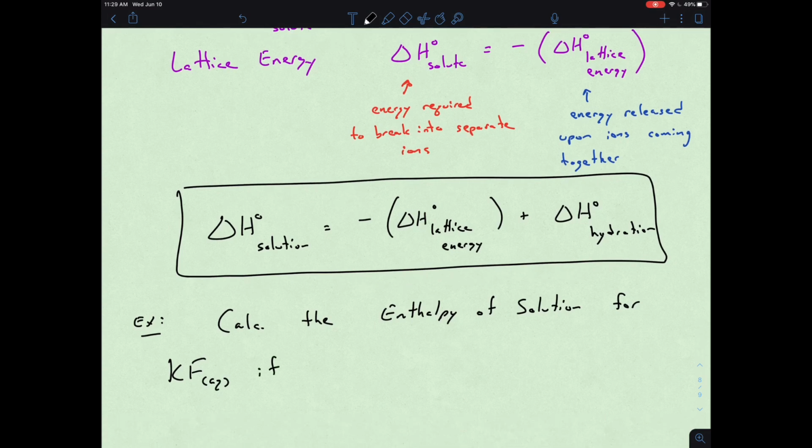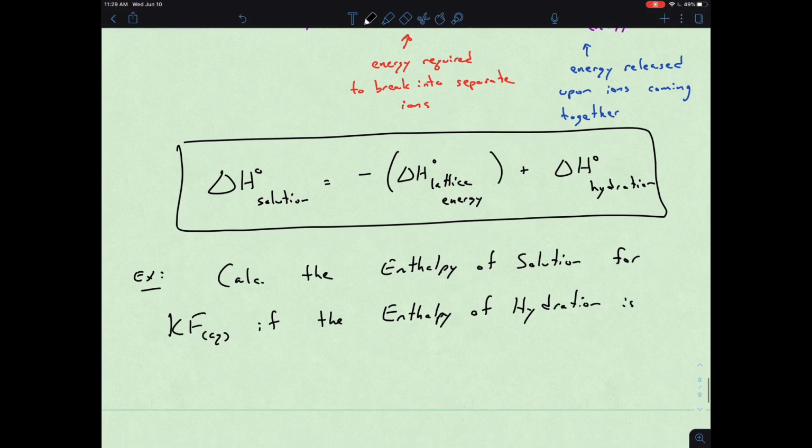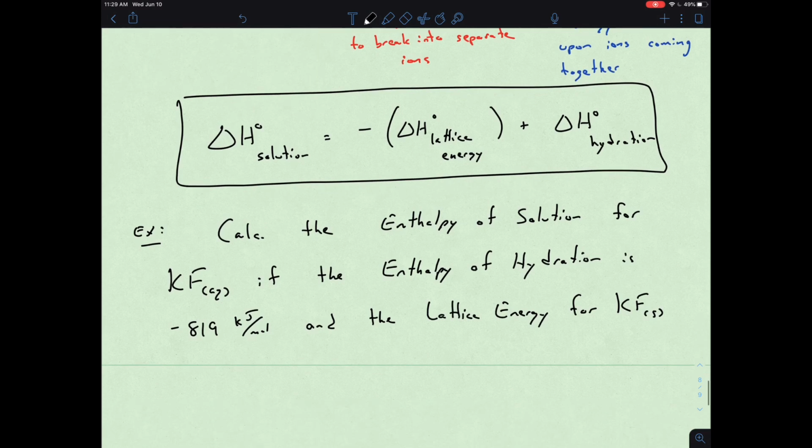If the enthalpy of hydration is negative 819 kilojoules per mole, and the lattice energy for KF is negative 821 kilojoules per mole.